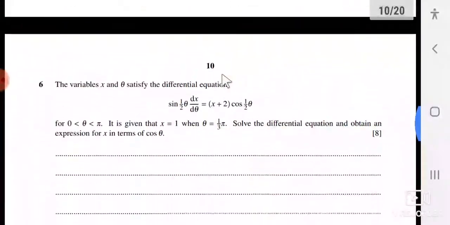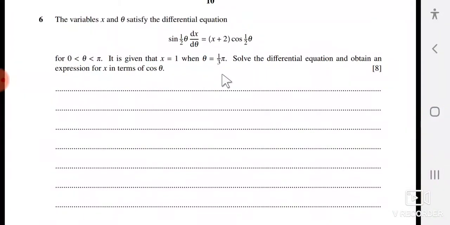Okay, now moving forward, and now things are going easy and becoming smooth. Yes, here you see this is the differential equation question, and it's once again very simple.